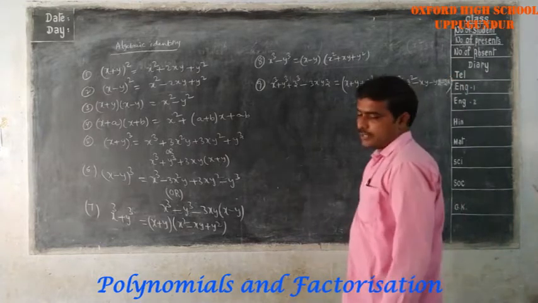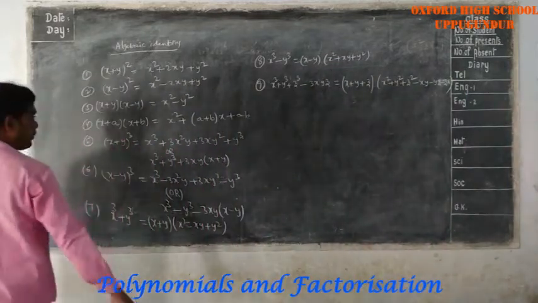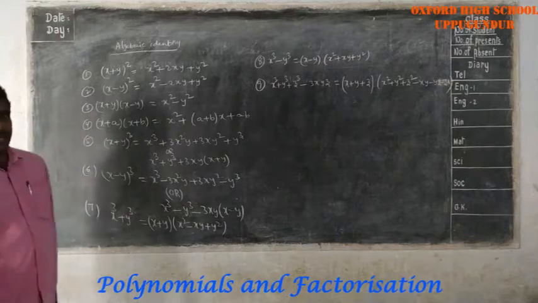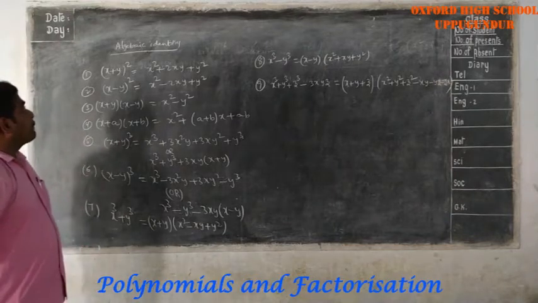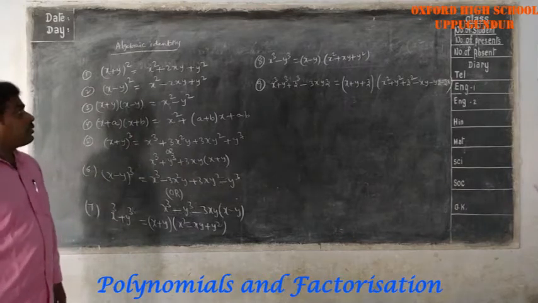So these are the algebraic identities. Based on these algebraic identities, we have to do exercise 2.5. So you have to learn all these algebraic identities.